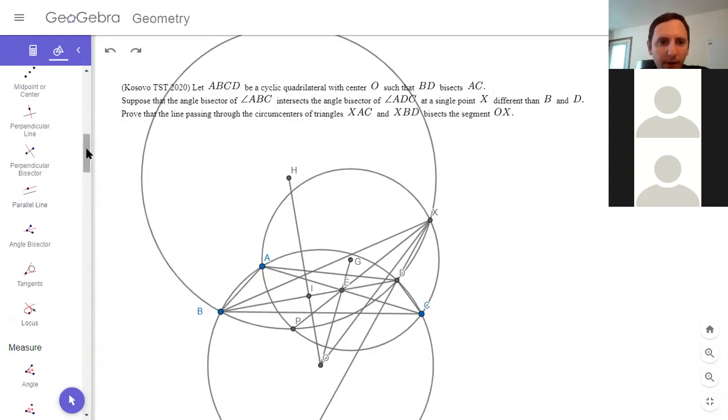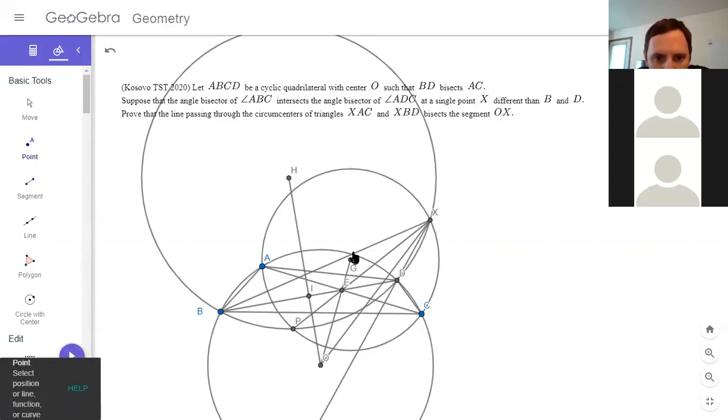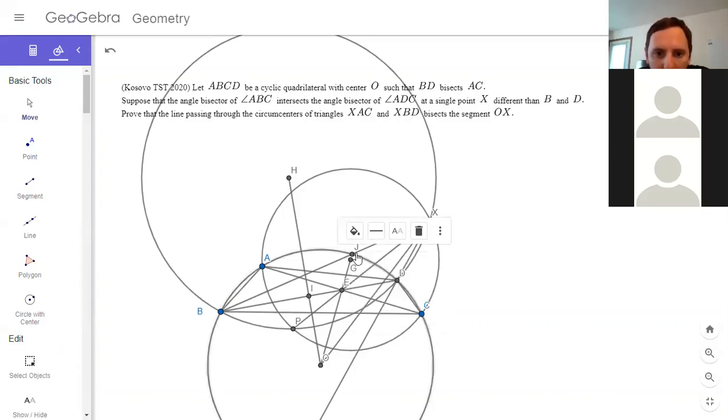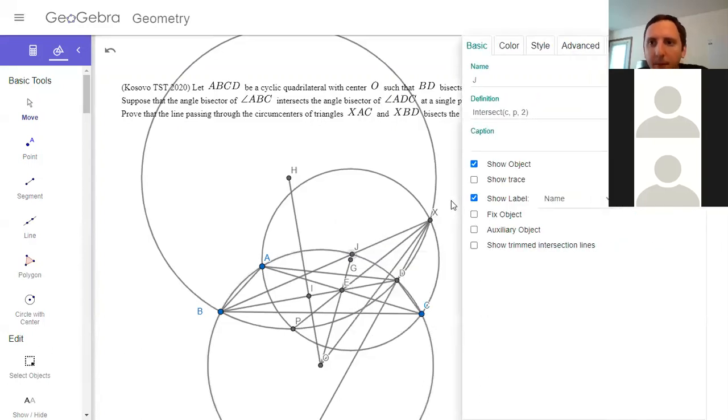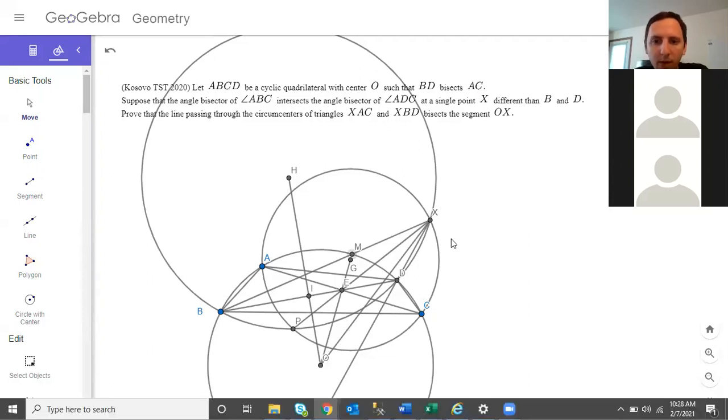All right, so I'm going to let M be the intersection of BX with the circumcircle. And L is the intersection of DX with the circle.